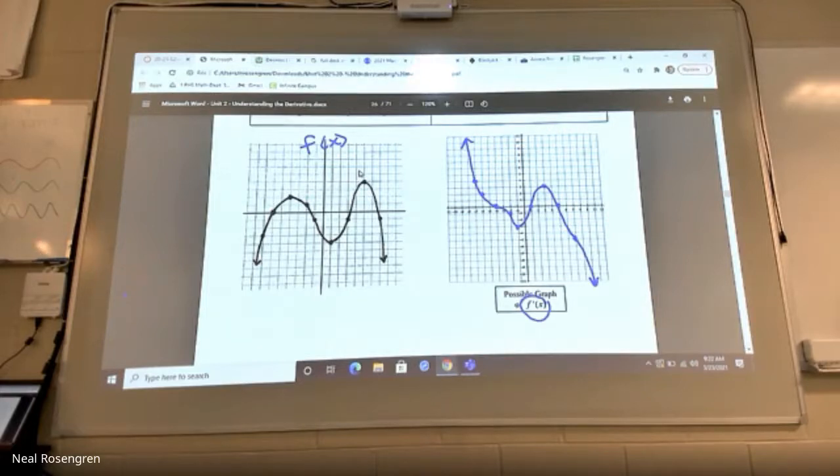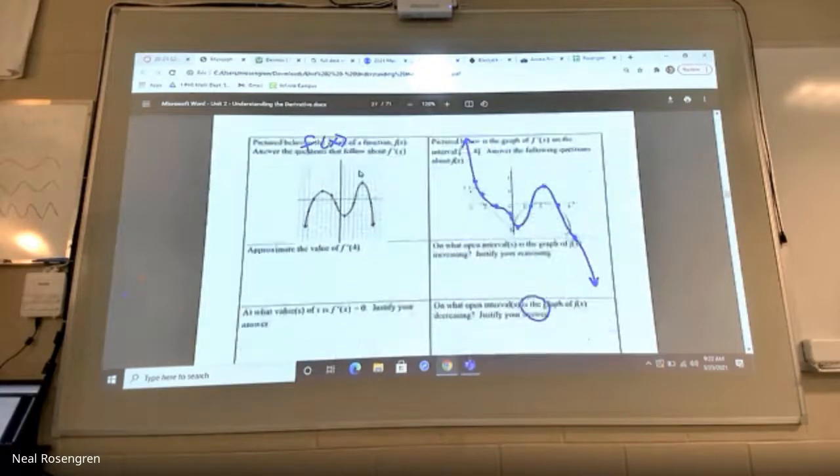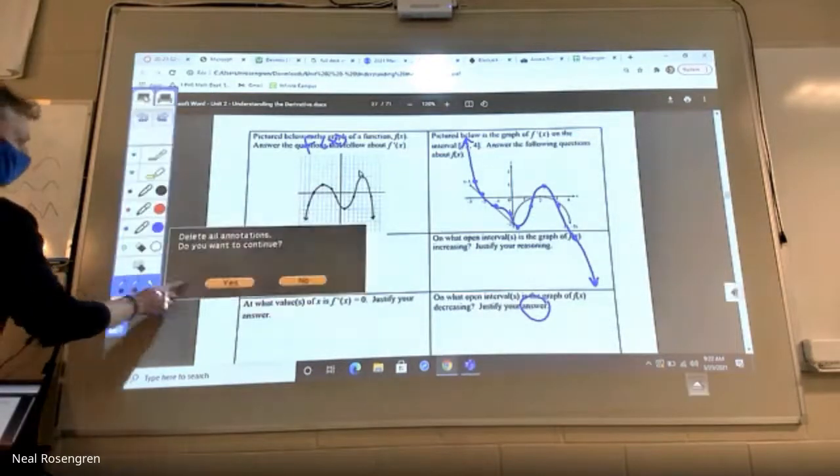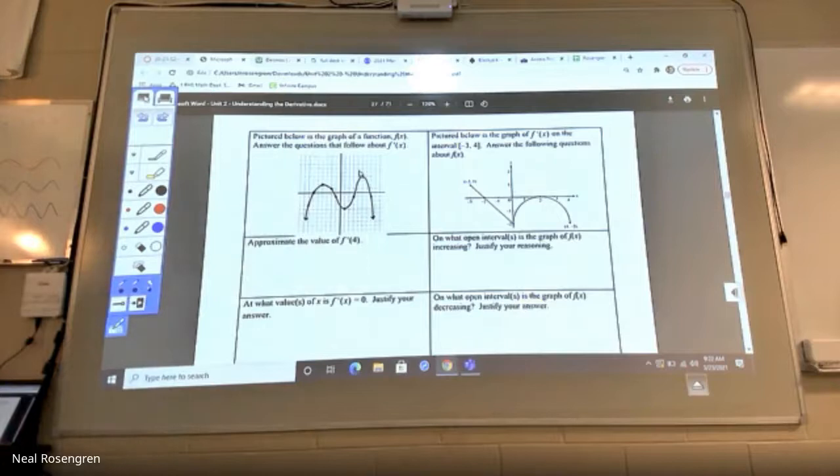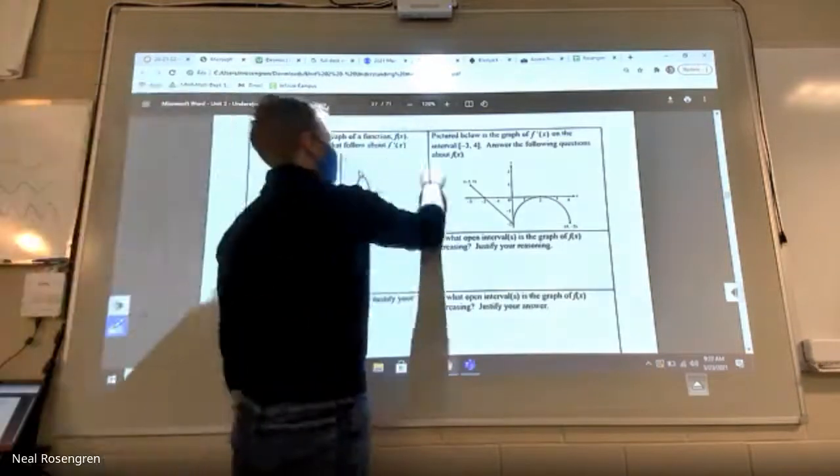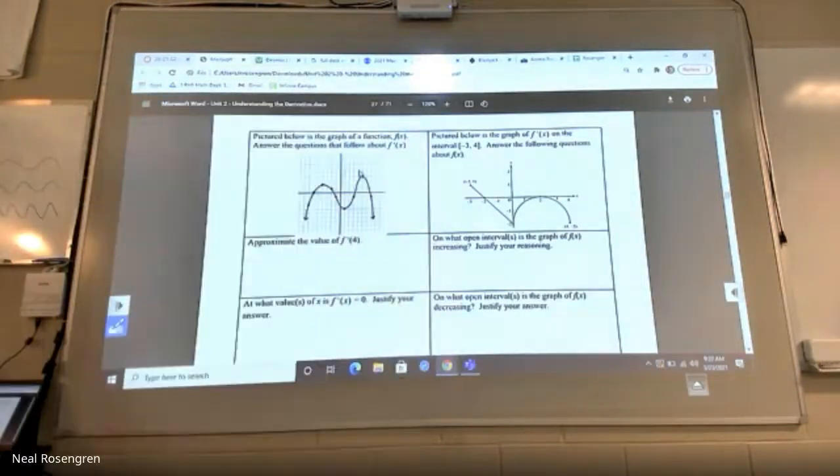Now, how about this? Take a look at the page next, the graph next. We got two columns there. We got one on the left, one on the right. Pictured below is the graph of f prime of x, different graph. So consider these separately. These are not related to one another. Answer the following questions about f.